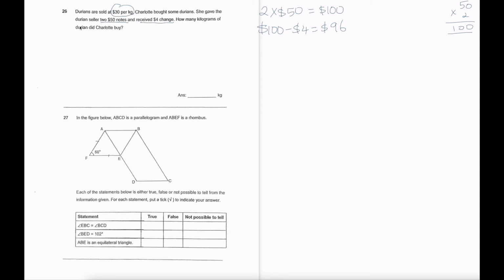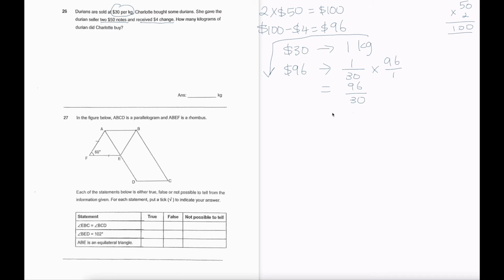So how many kilograms of durian did Charlotte buy? $30 is for 1 kg. So Charlotte spent $96. So how many kg is that? We gotta use this method. Okay, 1 over 30 times 96. So 96 over 30.